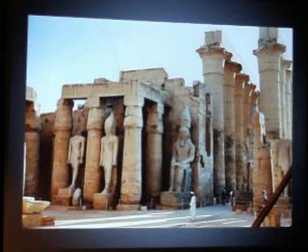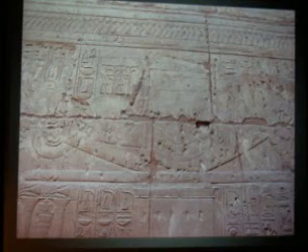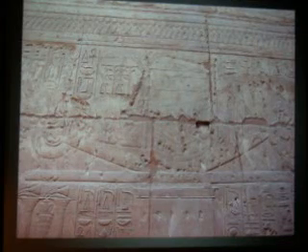That is the Feast of Opet, when Amun-Re leaves Karnak Temple and goes to visit Luxor Temple. That is the dominant theme of the decorative scheme in Luxor Temple. And as you can see here, all these images of the bark of Amun coming into the temple of Luxor.